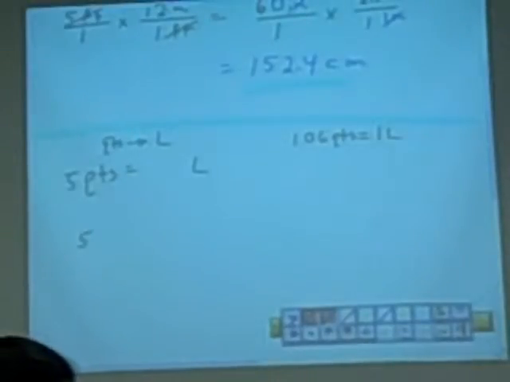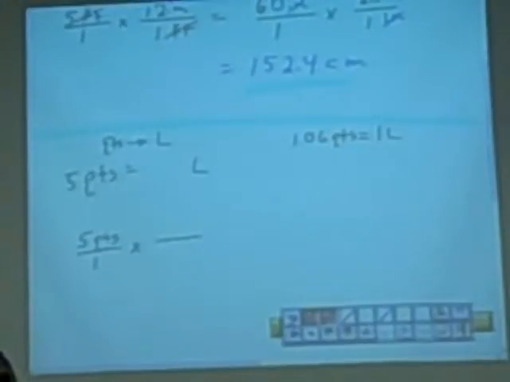Alright, this time we're going from quarts to liters. So here's 5 quarts over 1. And what do we put in here for what we're going to multiply, our ratio? Quarts are going to be on the bottom, right?